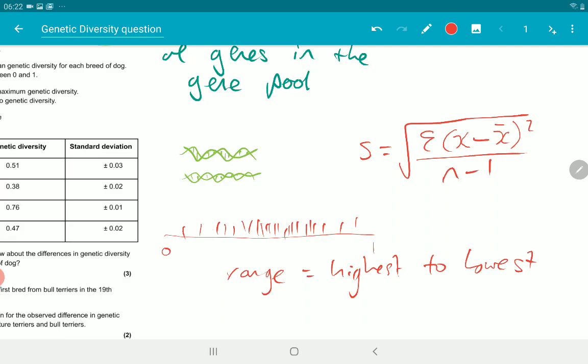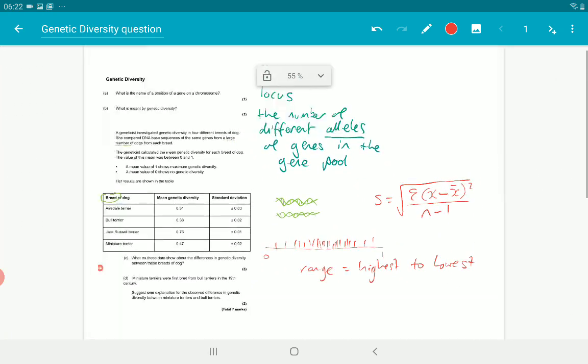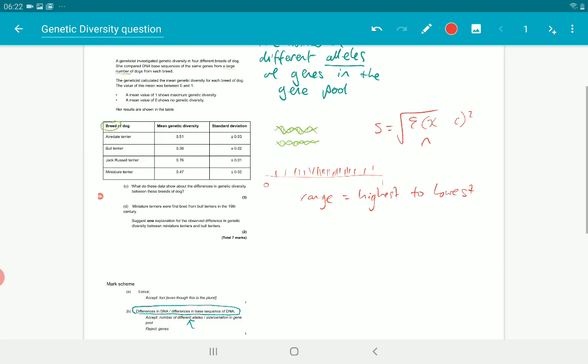Okay, so if we had, let's say, a data set like this, where it's 0 and there's 1, maybe this is the bull terrier, right? We've got one there and one up there, I don't know, and then all the rest of them here, blah, blah, blah, right?